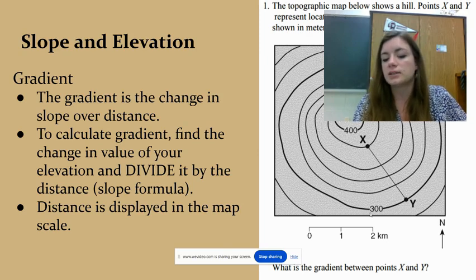I have one index contour line labeled at 300, and if I count the lines 1, 2, 3, 4, plus the last one, 5, my fifth line is equal to 400. So 400, 300, what am I counting by? I'm counting by 20.